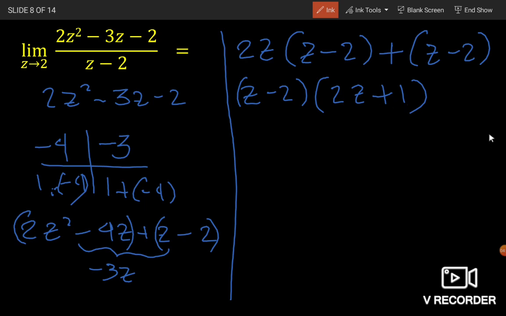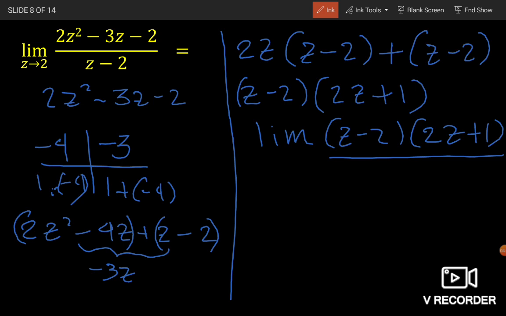So now let me rewrite the expression as the limit of z minus 2 multiplied by 2z plus 1 over z minus 2 as z approaches 2.